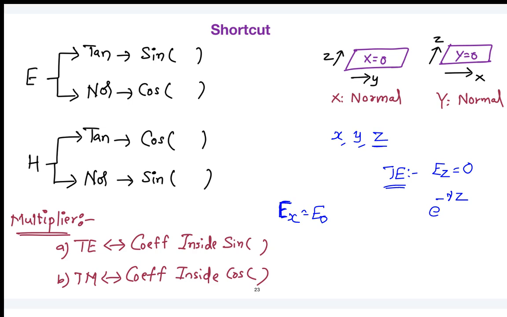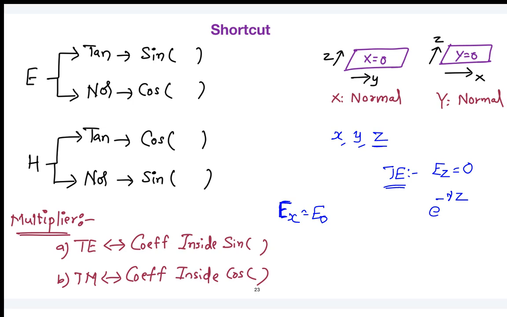So next thing, you focus here. Suppose you want to write the variation in the x direction. You see the shortcut. First thing you have to do: since this is an electric field component, this first shortcut is going to be valid.